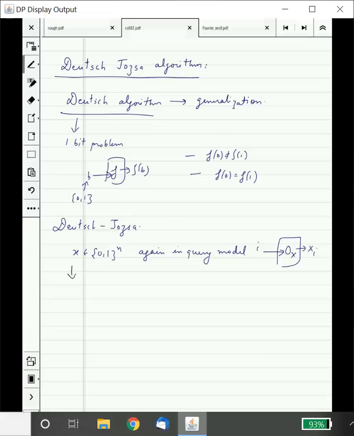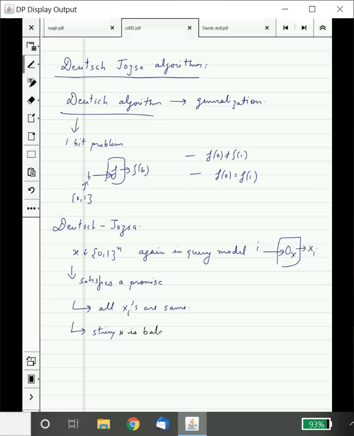That means x can't take all possible values from {0,1}^n. On the other hand, it satisfies a promise. What is the promise? Either all x_i's are the same, or the string is balanced.